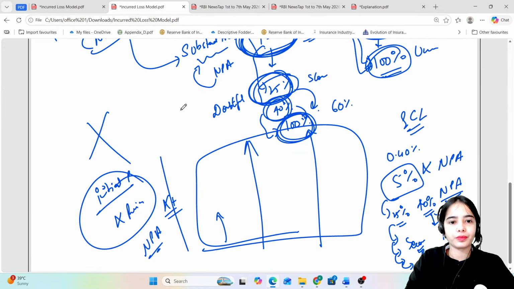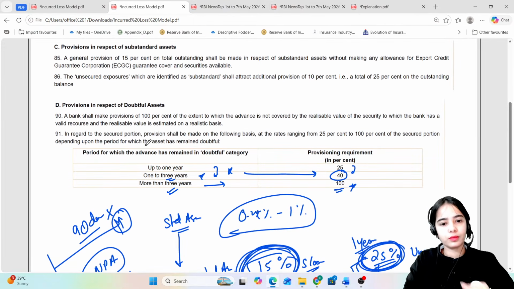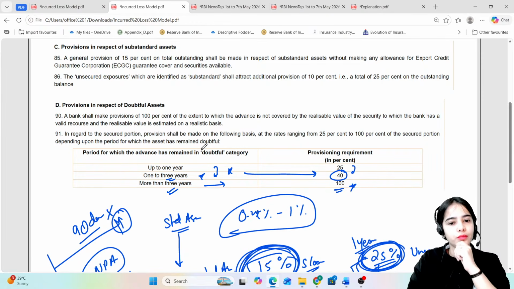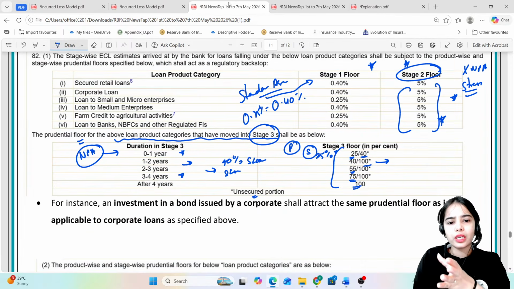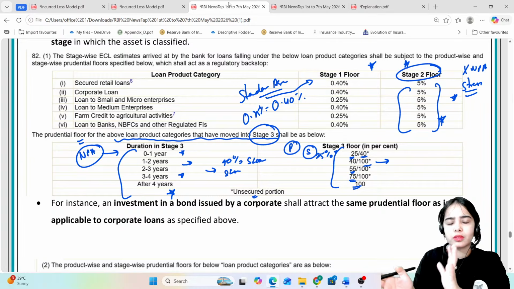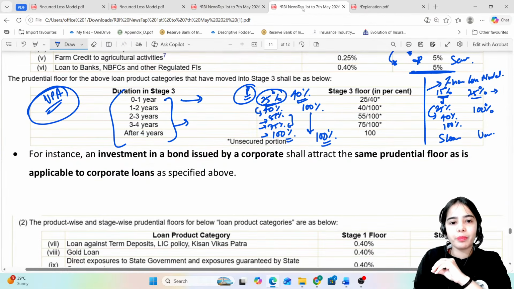any confusion now? And you can see that it is the same, up to 1 year, 3 years, more than 3 years, so the time period is nearly the same.